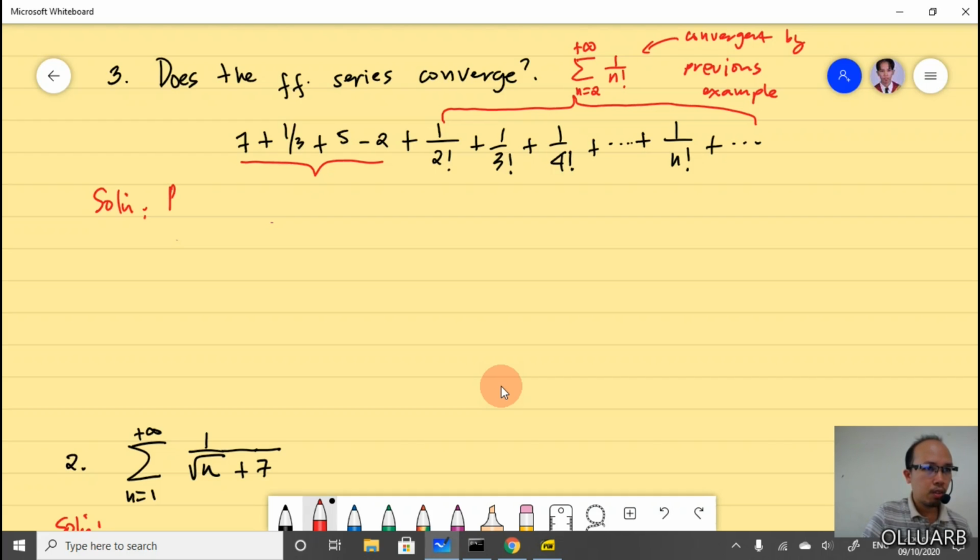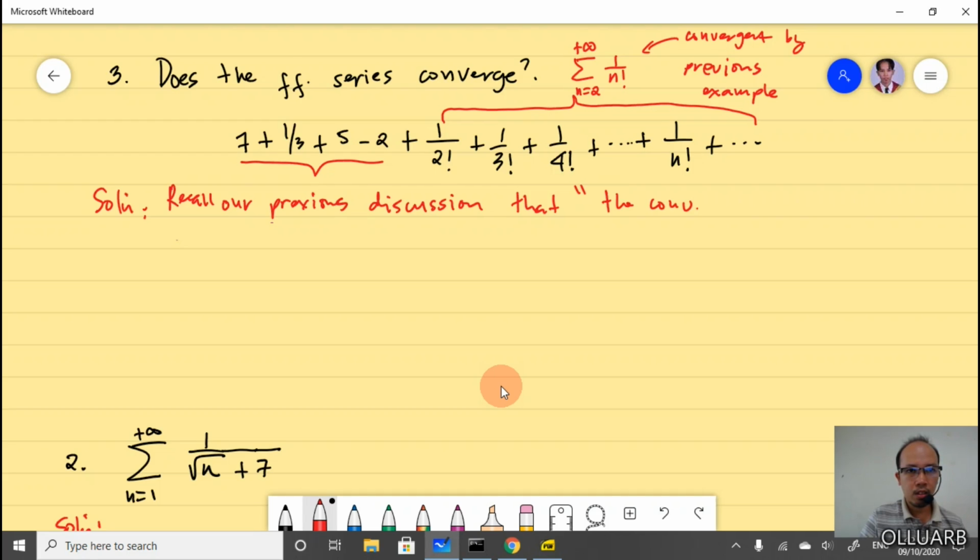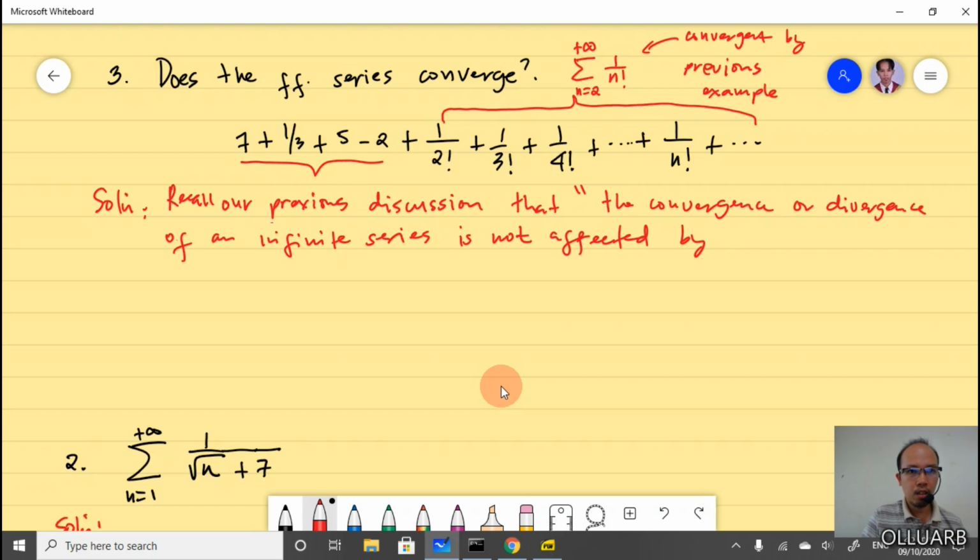So let's recall our previous discussion, that the convergence or divergence of an infinite series is not affected by discarding a finite number of terms.